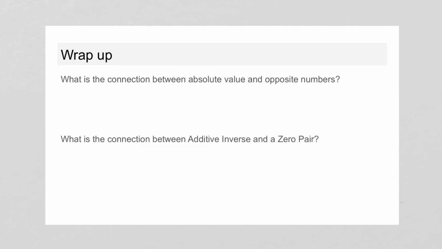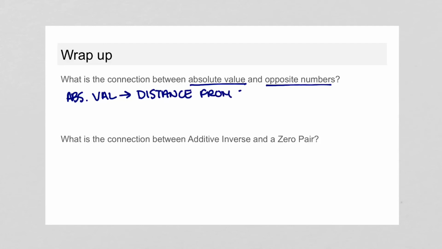So let's wrap it all together. What is the connection between absolute value and opposite numbers? Well, what do we know about absolute value? Absolute value is the distance from zero. What do we know about opposite numbers?